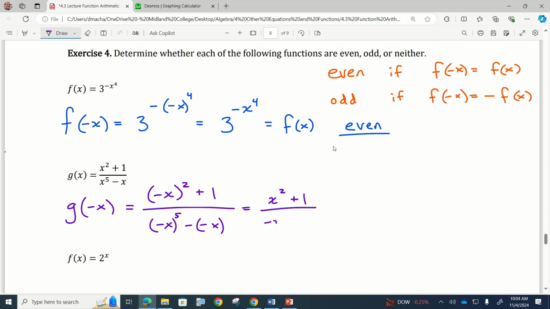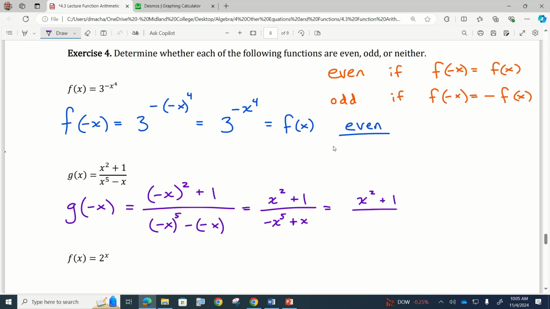My denominator is going to be negative x to the 5th plus x. So is this even, odd, or neither? Yeah, this is odd.